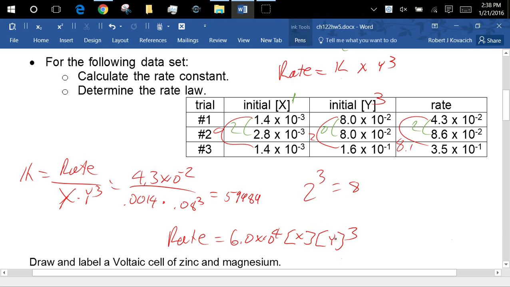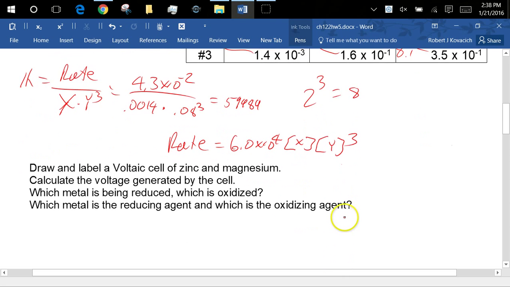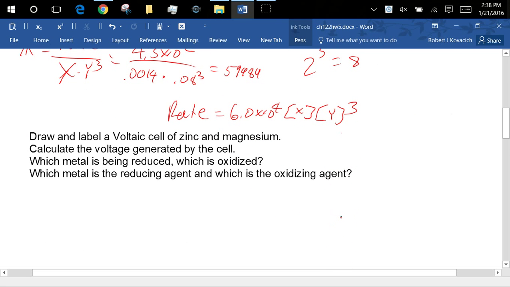So then that's your rate law there at the bottom. It's nines, all nines.